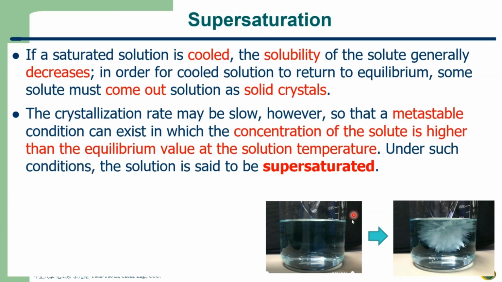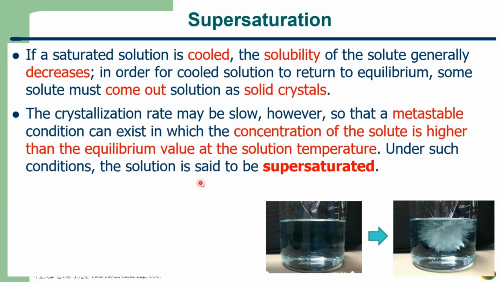supersaturated. For example, if this saturated solution is at 60 Celsius and I decrease to 40, and you don't see any crystal come out, then we say this is a metastable condition, a supersaturation situation.